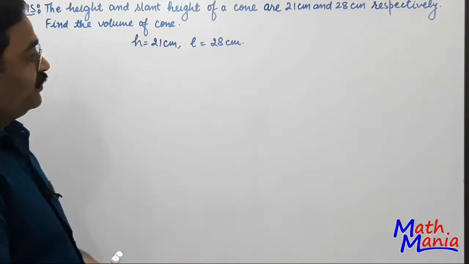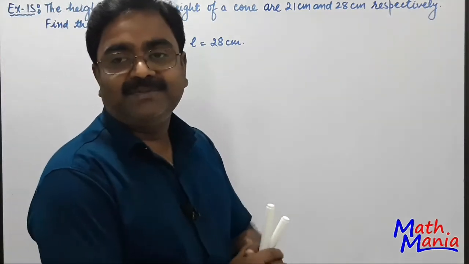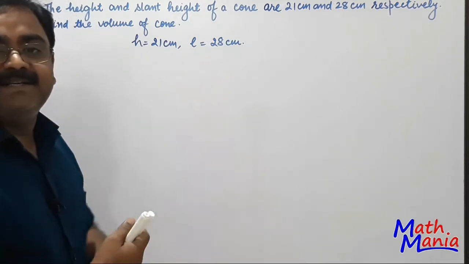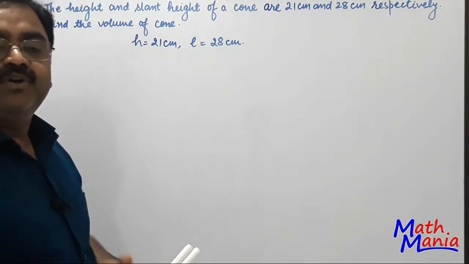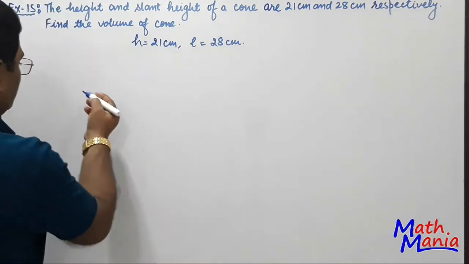So to find out the volume of cone, we need the radius of base of the cone. Means पहले तो हमें इसके बेस का रेडियस फाइंड करना होगा by the formula of L square equals h square plus r square. So see the solution of this question.